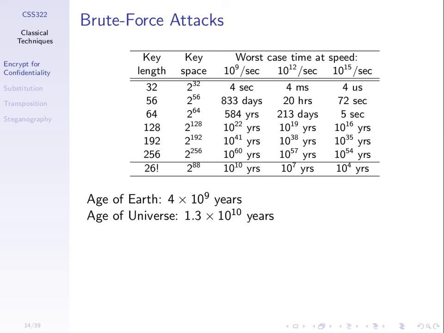If you could decrypt at these speeds and you've got a 128-bit key, you'll still have to wait longer than the age of the universe to get the result. Okay, 10 to the power of 16 years. 1 with 16 zeros. The age of Earth is about 4 billion years. So by using large keys, 128 bits or larger, effectively we defeat brute force attacks.